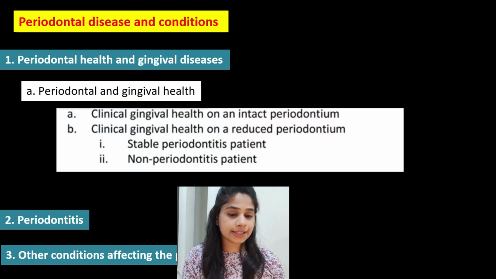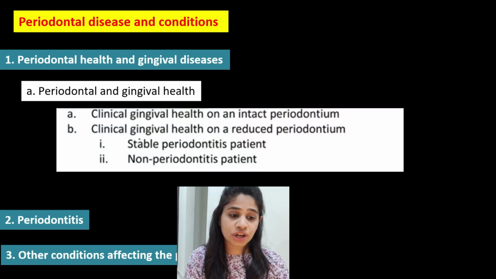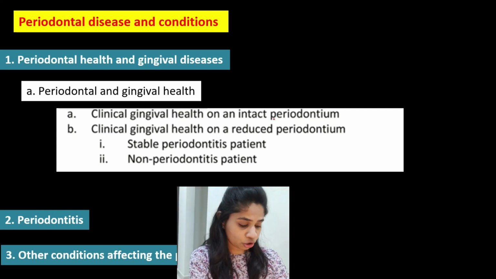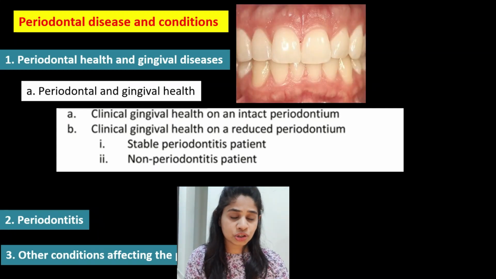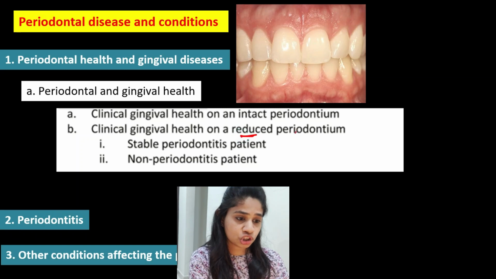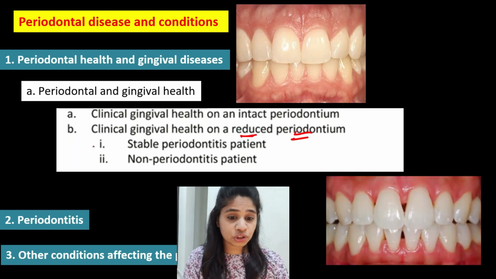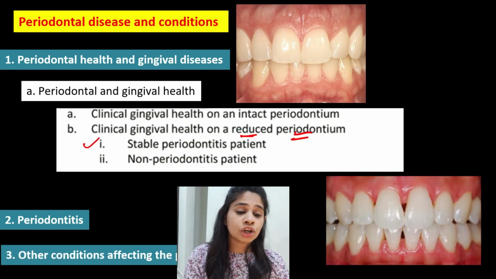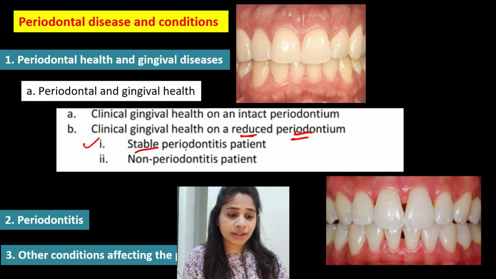In this particular scenario, we have clinical gingival health on an intact periodontium, something similar to this picture. The second category is clinical gingival health on a reduced periodontium. In this situation, firstly we are referring to a stable periodontitis patient.